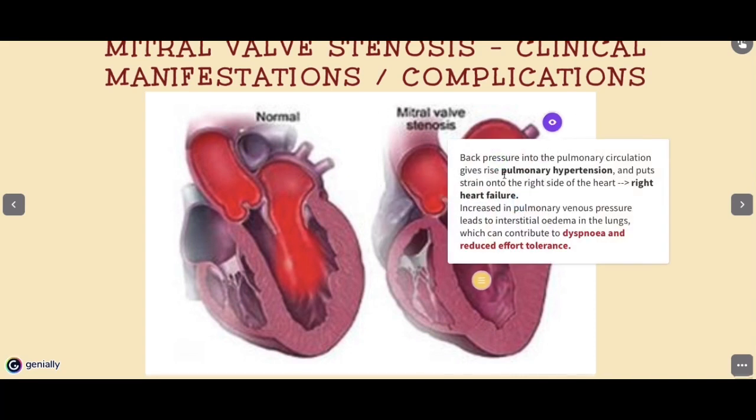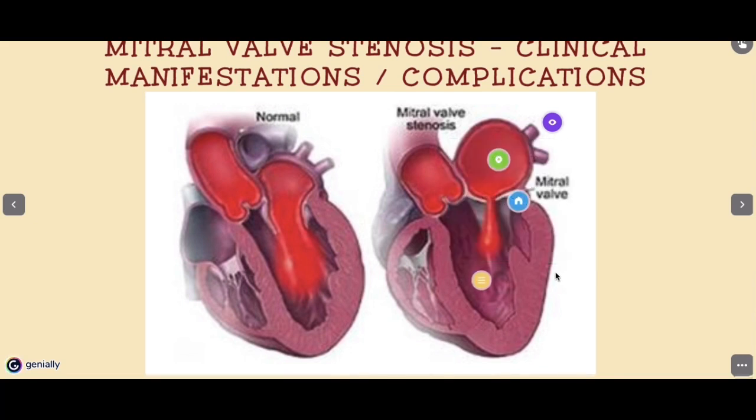With mitral valve stenosis, there will be back pressure into the pulmonary circulation, which gives rise to pulmonary hypertension, and this can put strain onto the right side of the heart and causes right heart failure. Increase in pulmonary venous pressure also leads to interstitial edema in the lungs, which can contribute to dyspnea and reduce effort tolerance.